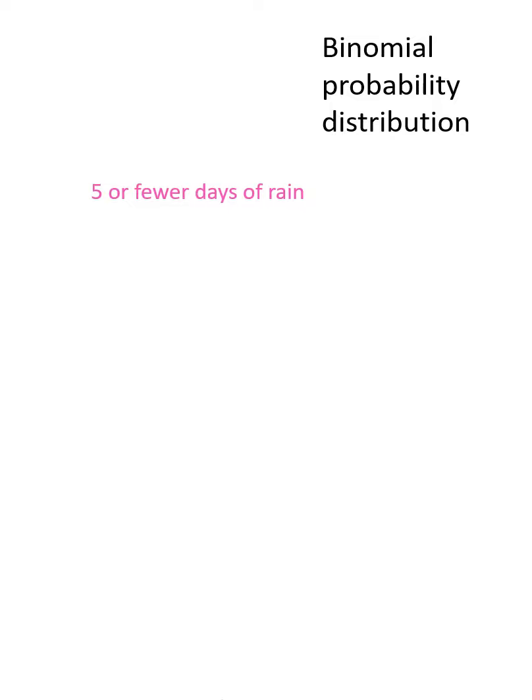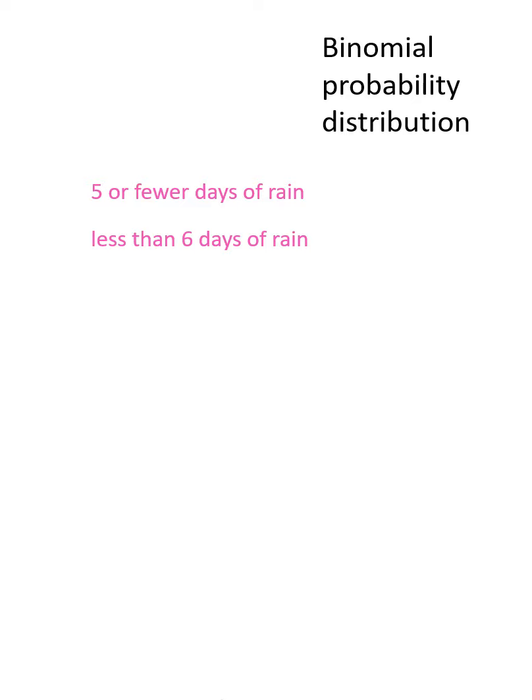Now I'm done with the problems, and mostly done with this video. But if I might, let me just alert you to some rephrasings of things that can be a little confusing. We just finished the question, 5 or fewer days of rain. But what if instead I had asked you the probability of less than 6 days of rain?